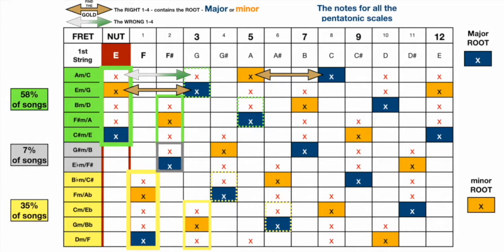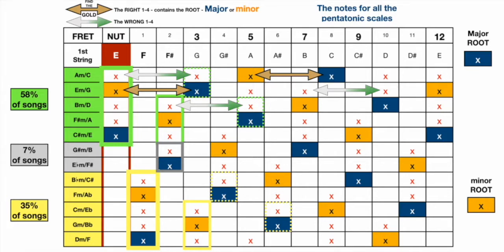With the E minor and G, the gold area is between the E and the G, whereas the wrong one, if you will, is up by the B and the D. And this applies to all of the different pentatonic scales.